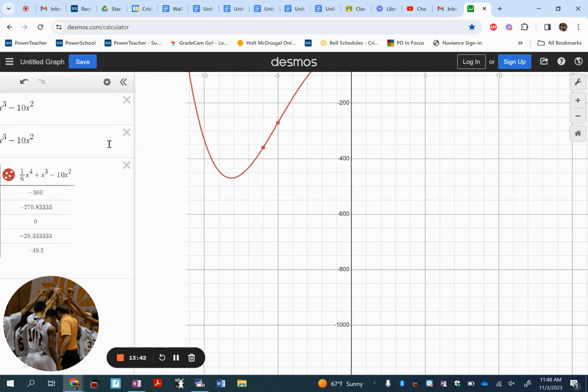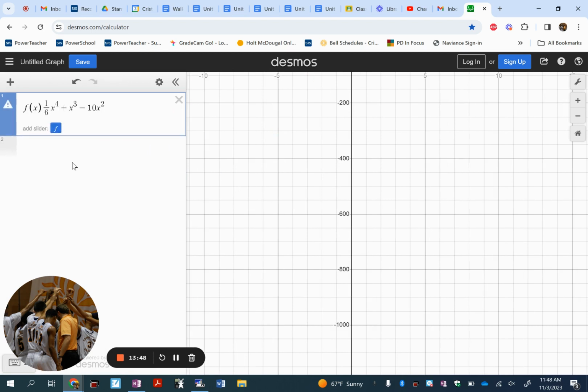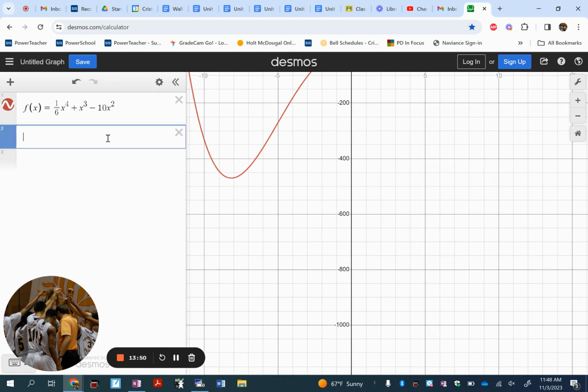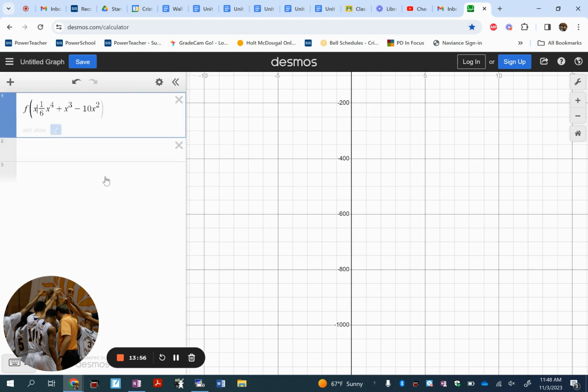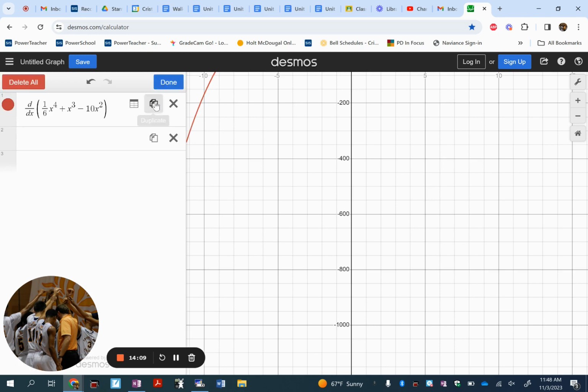Let me try this. I don't know if it'll like this. Let's see if it likes this. Nope, let's do this. You want to know what the slope was at -5, right?